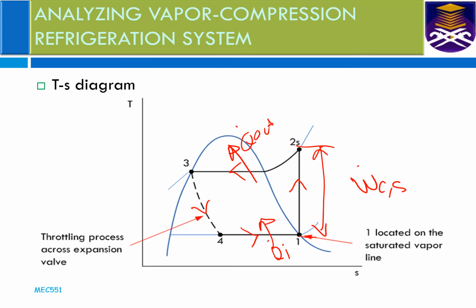Our coefficient of performance for the refrigerator will become COP R equals Q in over W dot C isentropic.